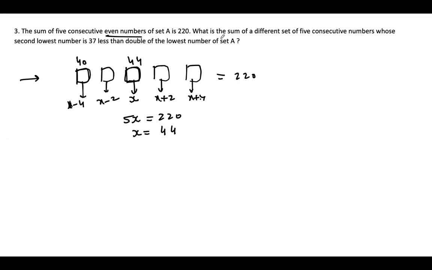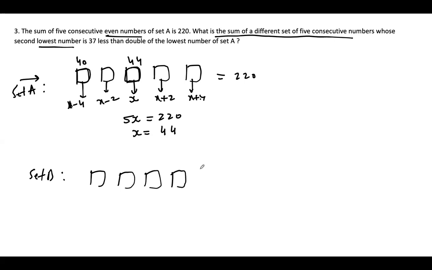Now it is saying, what is the sum of a different set of 5 consecutive numbers, let's say set B, whose second lowest number is 37 less than double the lowest of set A. Arranged in increasing order, this is the lowest and this will be the second lowest.